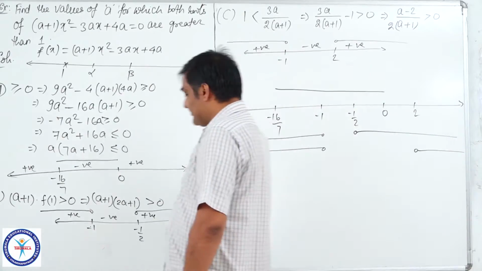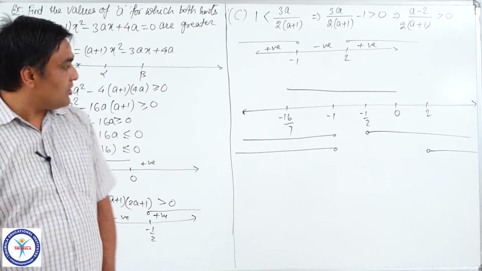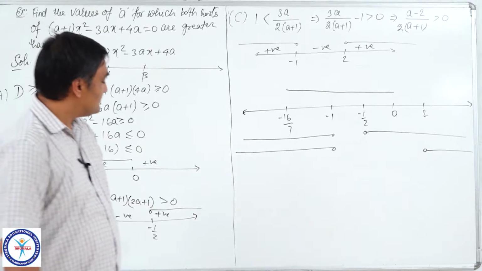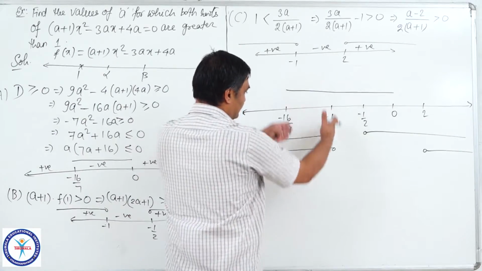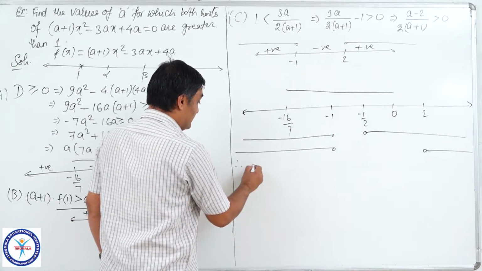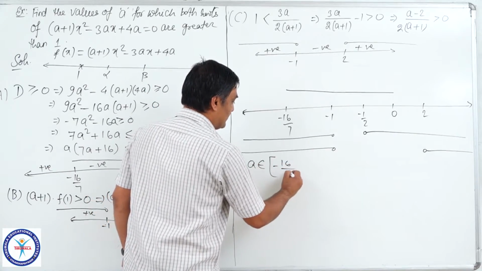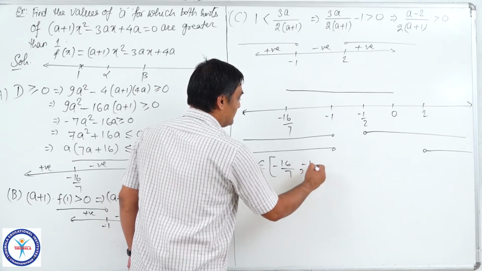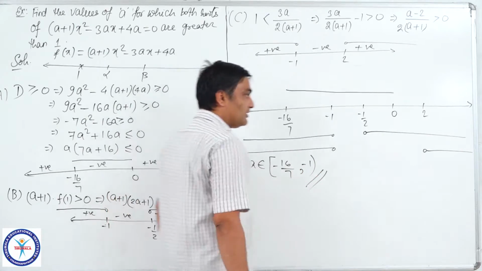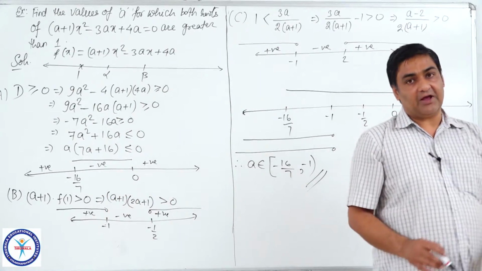So can we see the common part in all these three? Yeah, this portion. Therefore, a belongs to (−16/7, −1). This way we have to do.